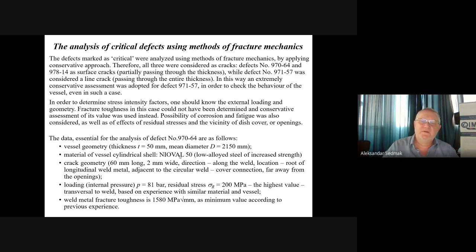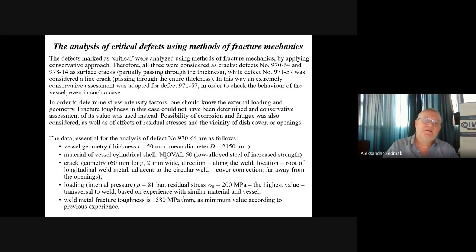Nowadays, low alloyed high strength steels are certainly less susceptible to cracking. This second generation steel was a bit more susceptible to cracking than we would like.